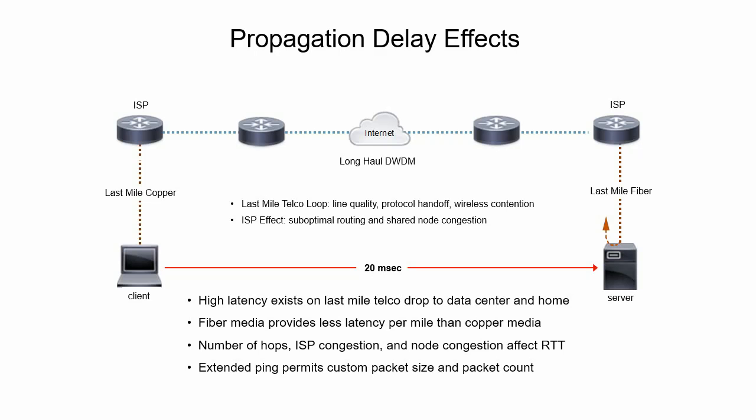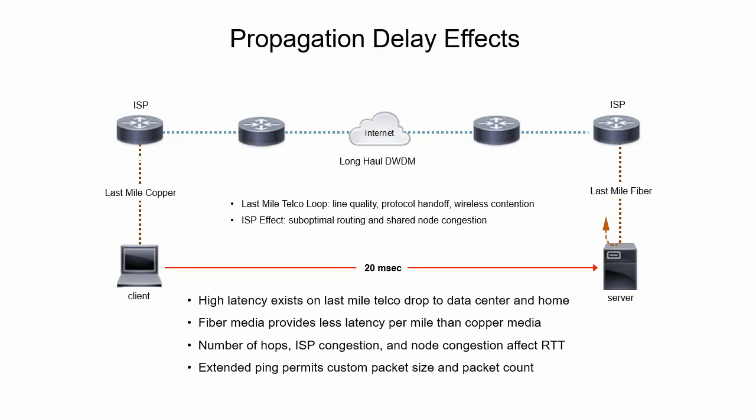As you go through these devices, it adds up latency, because if the devices are overloaded, you're going to have device processing delays and queuing delays. The ISP could be congested at certain points if it's a complex network. With node congestion and ISP congestion, it really adds up if you have an ISP that's not doing the routing efficiently. So those are the things you want to consider.